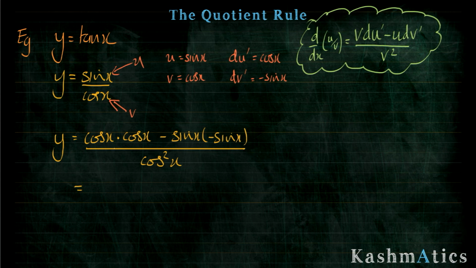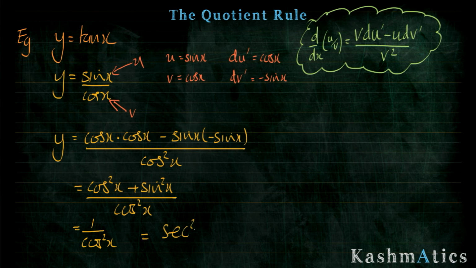Now let's just see if we can tidy this up. The top becomes cos squared x plus sine squared x, and the bottom stays as cos squared x. Now remember the identity, sine squared x plus cos squared x is 1, so the top just becomes 1, so it's 1 over cos squared x, which is equal to sec squared x.